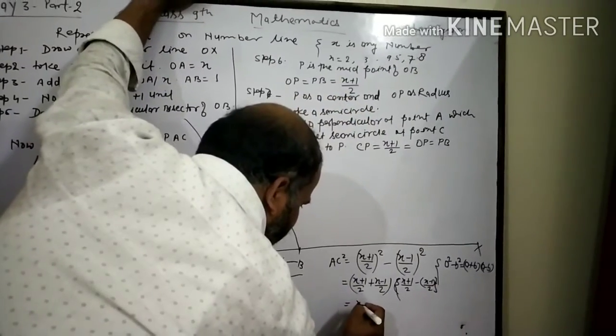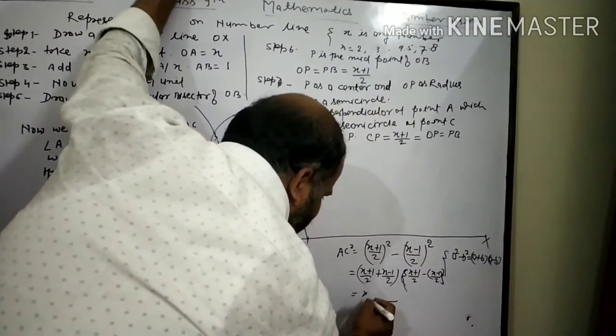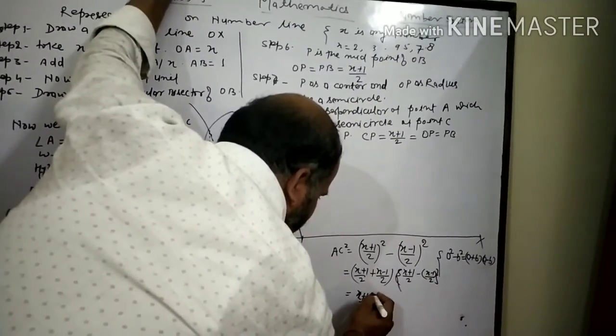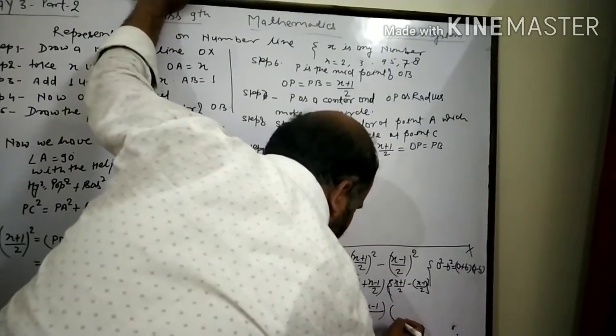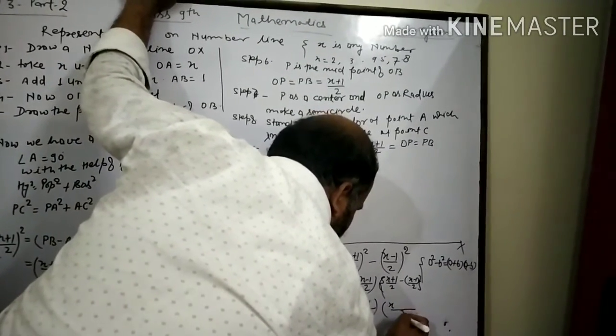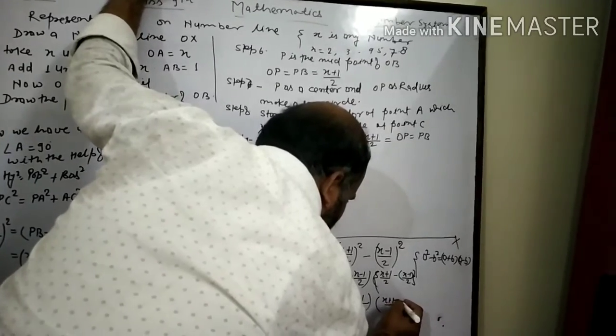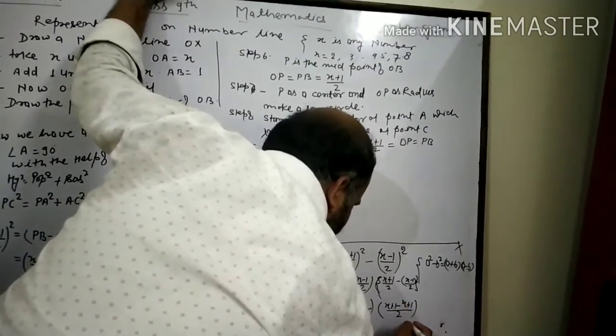The denominators are the same, then x plus 1 plus x minus 1, and in the denominator also x plus 1 minus x plus 1.